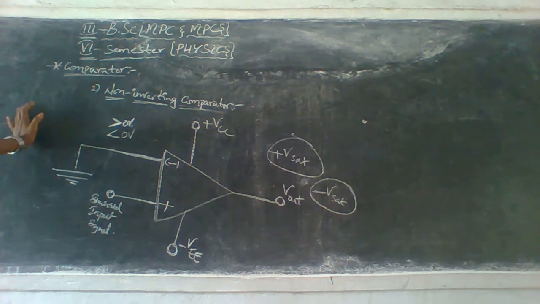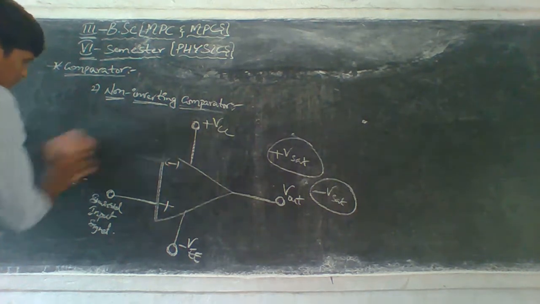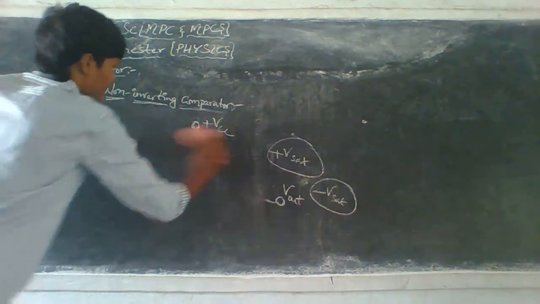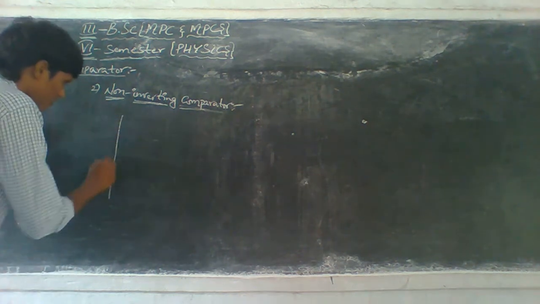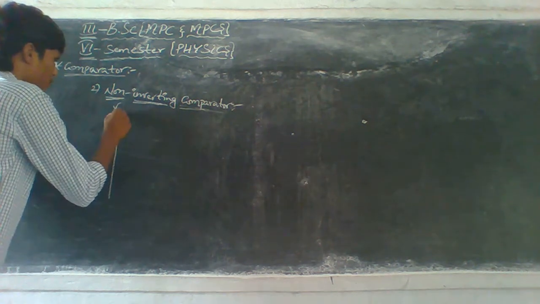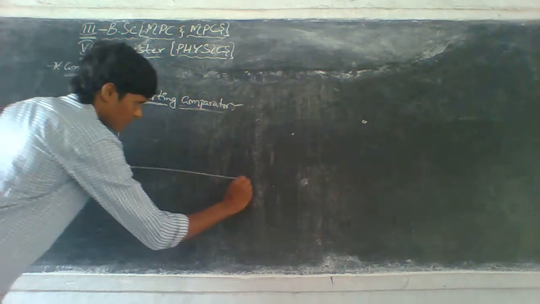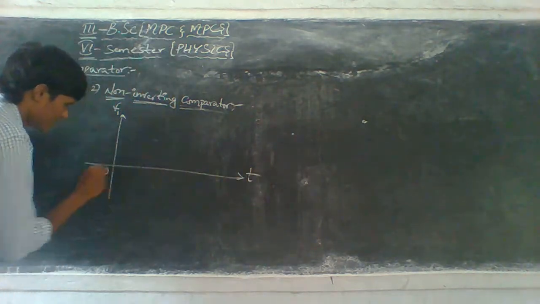Okay, so now we will discuss the input and output waveforms of the non-inverting comparator. Here this is V input, and this is t, this is the origin.